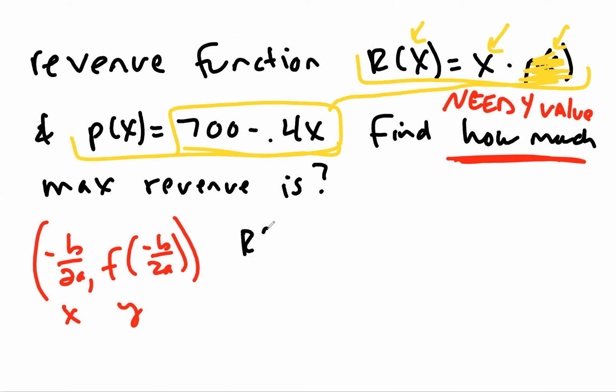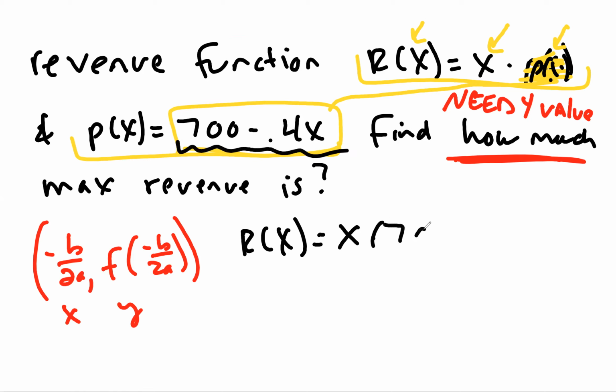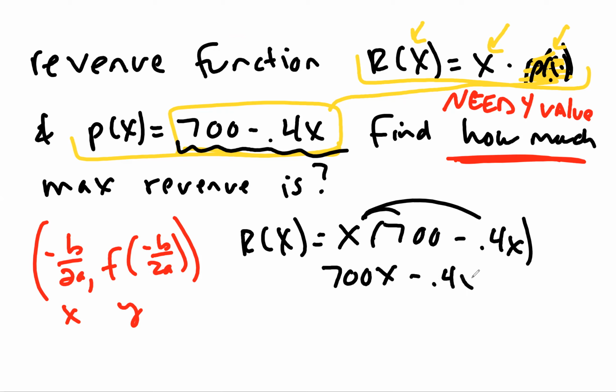That's going to give me R of x equals x times, and in parentheses, instead of writing P of x like the original problem, I'm going to write what P of x is. So 700 minus 0.4x. Now I know in order to get rid of parentheses, I'm going to have to distribute. And so I'm going to get 700x minus 0.4x squared.